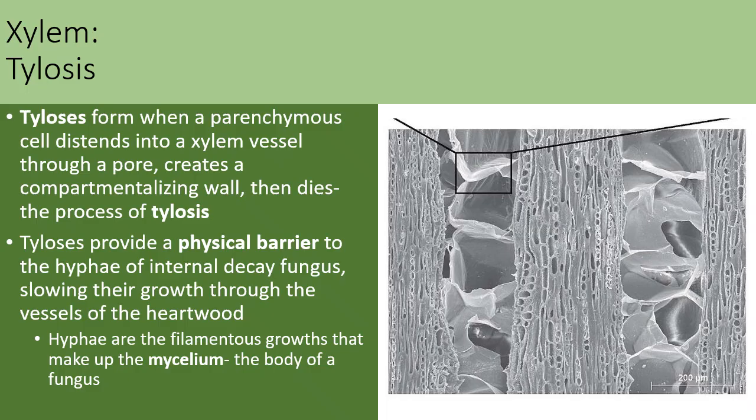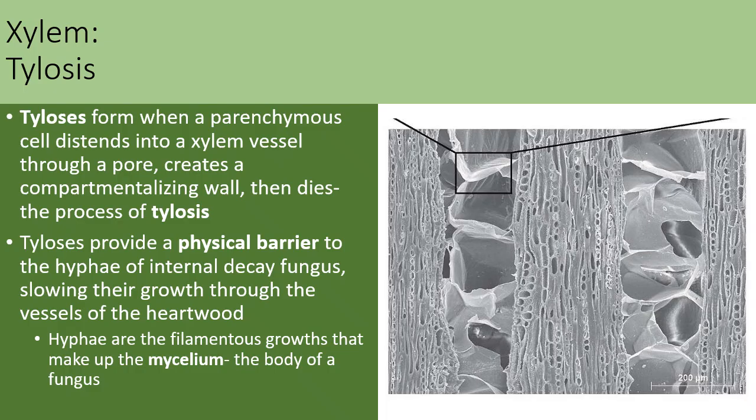Because these cells are squeezing through little holes into the xylem vessels and then forming these walls and dying, there's a physical barrier to the hyphae of internal decay fungus. Hyphae are these filamentous threads of fungus. If you've ever seen mold and how it looks like little threads or hairs, those are these filamentous growths that make up the mycelium, and the mycelium is the body of a fungus.